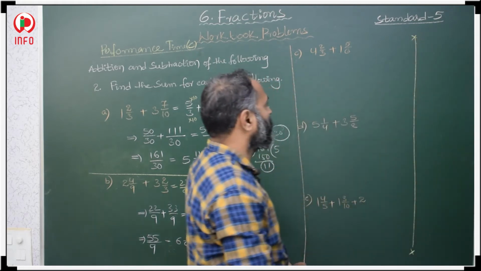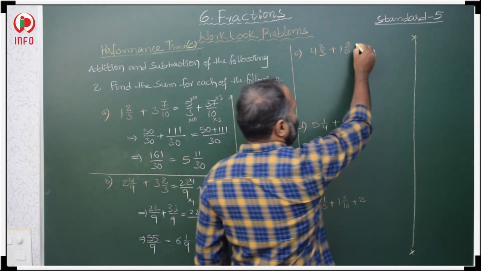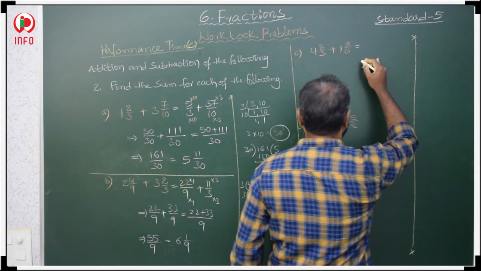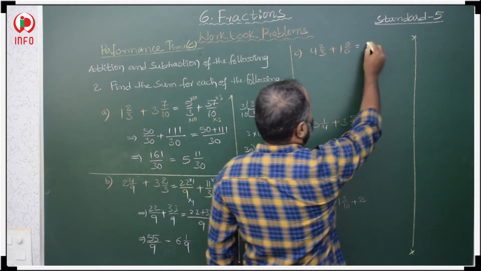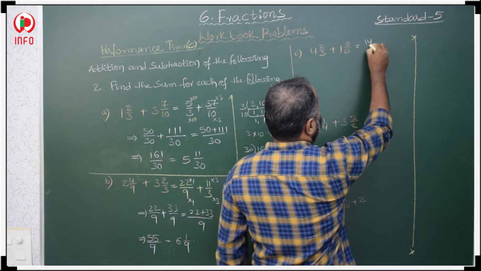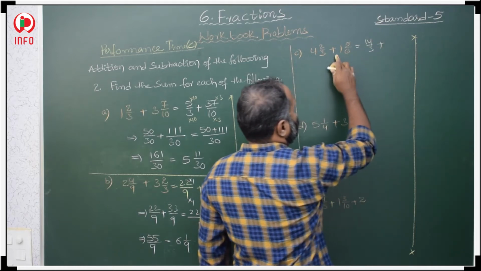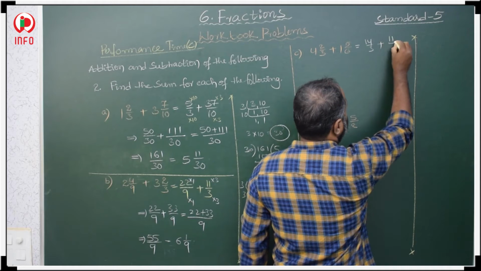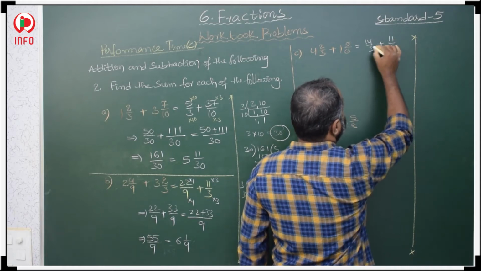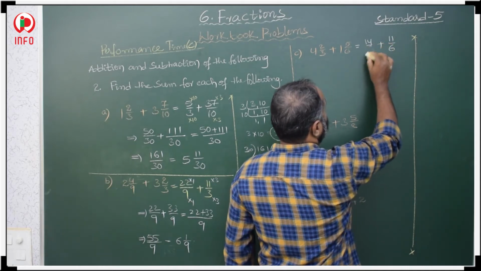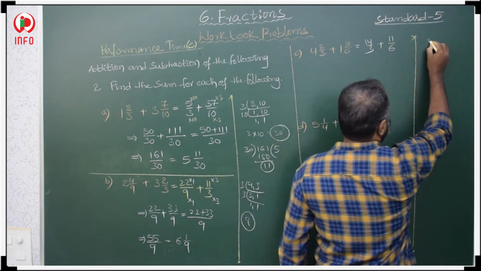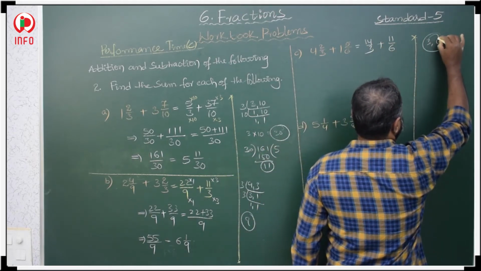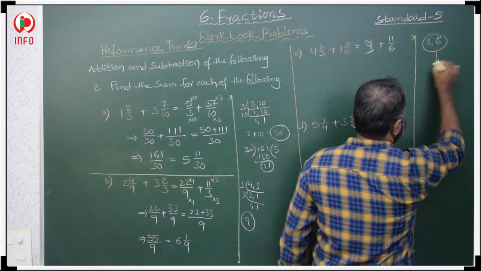and after that we have to convert the given fractions into improper first. 3 4s are 12, plus 2, improper 14 by 3. 6 1s are 6 plus 5, 11, 11 by 6. 3 and 6 LCM: 3 is a factor of 6, 3 2s are 6, so LCM is 6.